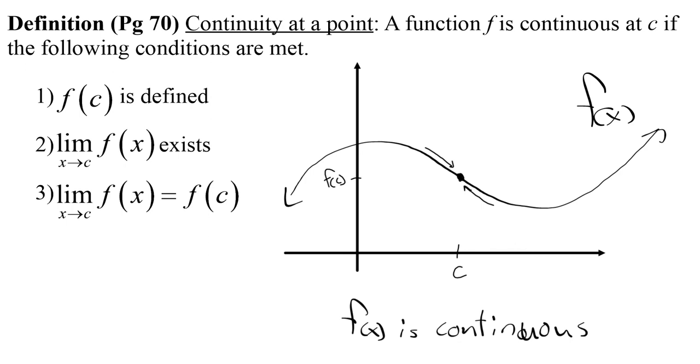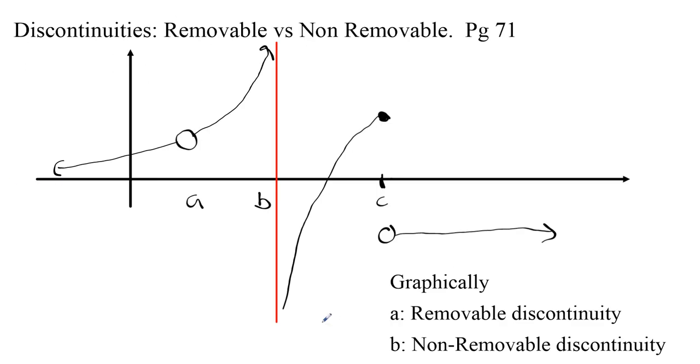All right, let's talk about discontinuities. I've shown you one discontinuity, and we talk about removable versus non-removable discontinuities. So I have this function here, and this function has a hole at A. There is a vertical asymptote at B, and then at this C, it jumps from up here to down there and then continues on in a horizontal line.